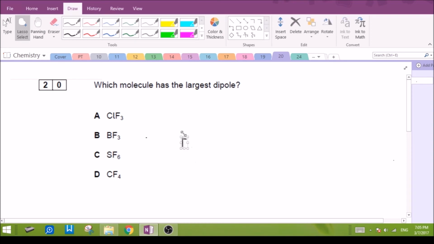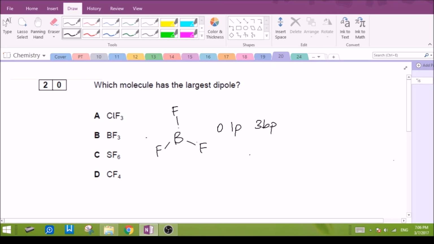For B, BF3, boron. Boron has 3 outer electrons and it forms 3 bonds with fluorine. So there's 0 lone pairs and 3 bond pairs.